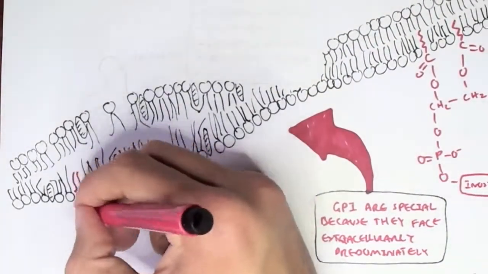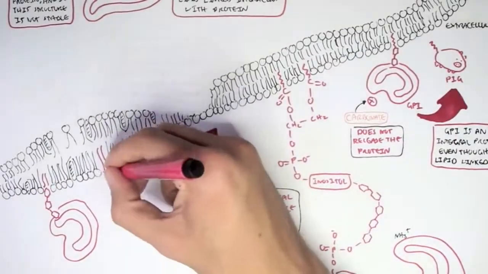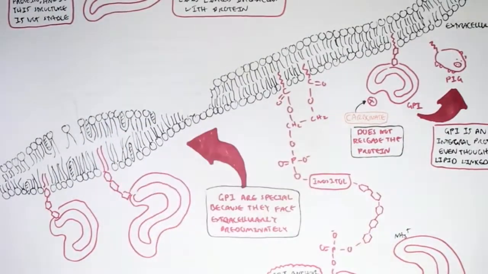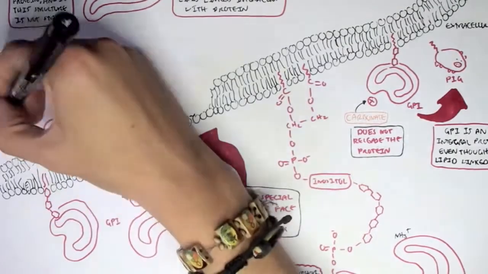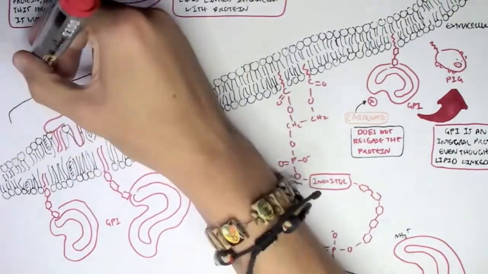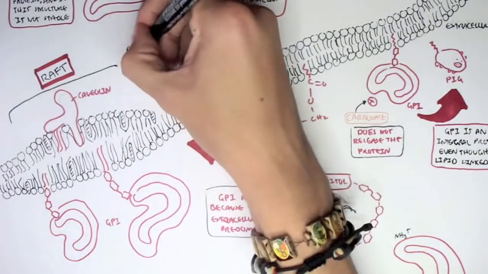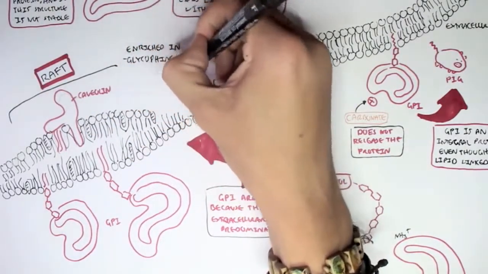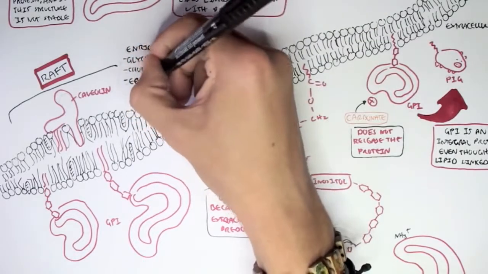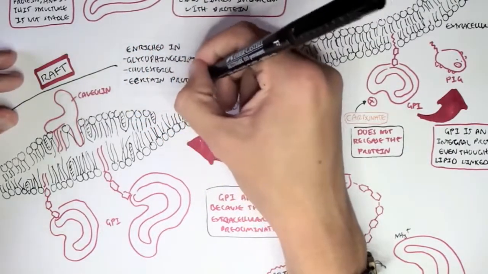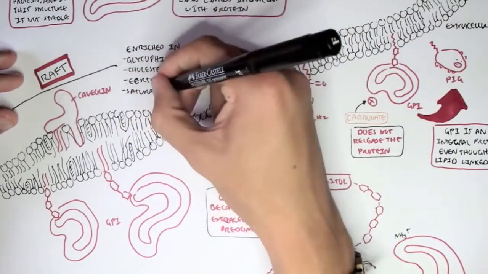And GPIs are mostly found in locations called rafts, special domains which are enriched in many types of proteins and lipids, such as glycosphingolipids and cholesterol. Rafts are also enriched in certain types of proteins, such as caveolin, which helps in endocytosis.